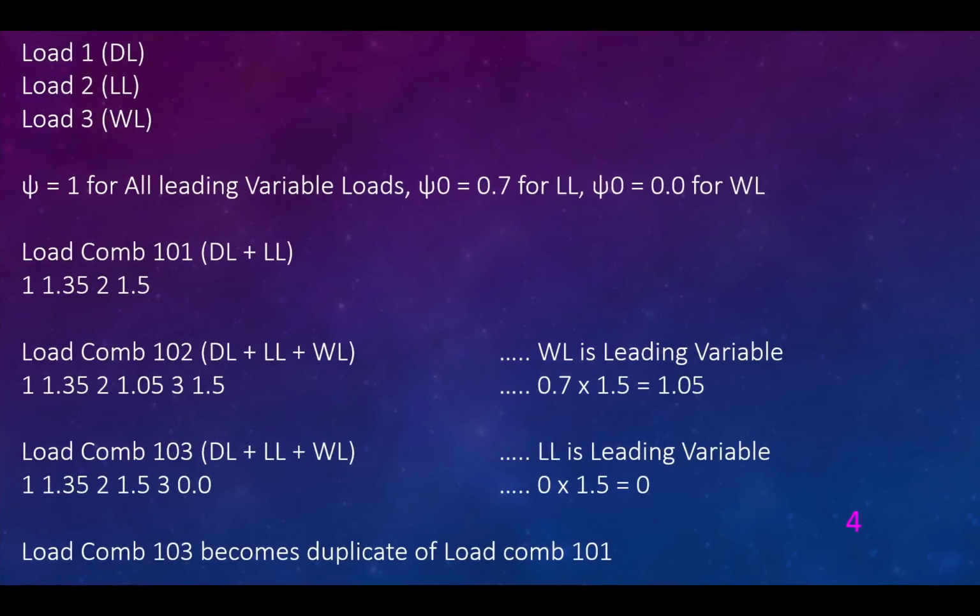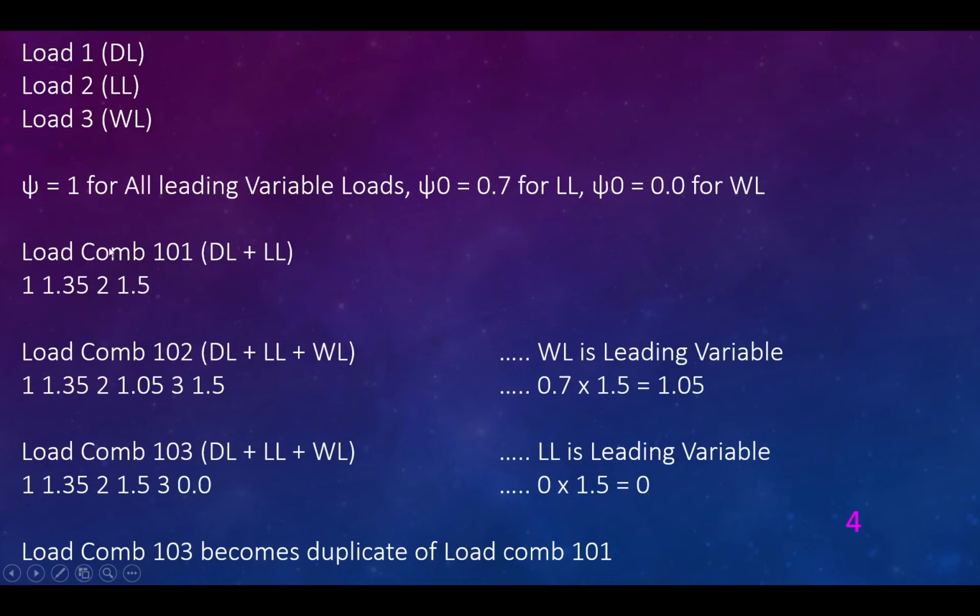Now in this particular sheet you can see, suppose an example problem: load 1 is dead load, load 2 is live load, load 3 is wind load, and xi is equal to 1 for all the leading variable loads, and xi 0 is equal to 0.7 for live load, and xi 0 is equal to 0 for wind load, as per the national annex we have selected.